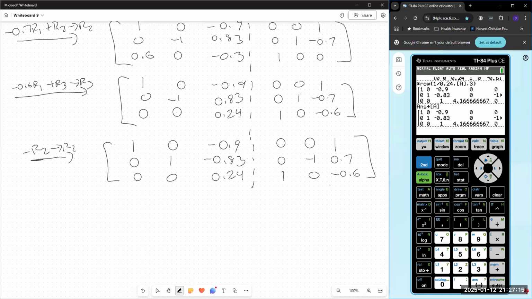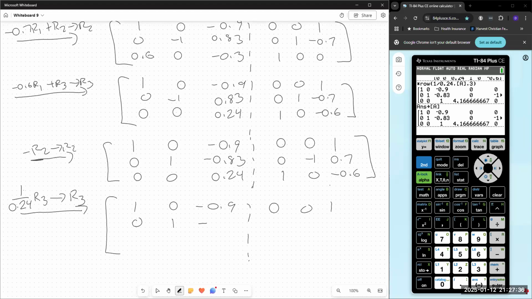So this is 1 over 0.24 row 3 as a new row 3 is 1, 0, negative 0.9, 0, 0, 1, 0, 1, negative 0.83, 0, negative 1, 0.7, 0, 0, 1. And then we have 4.16 repeating, 0.